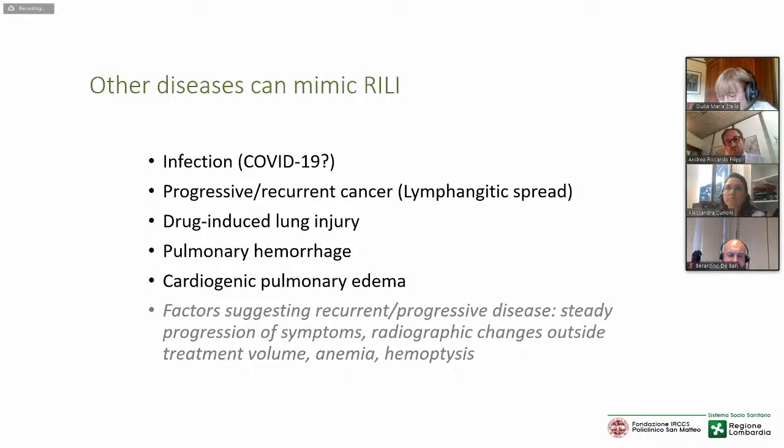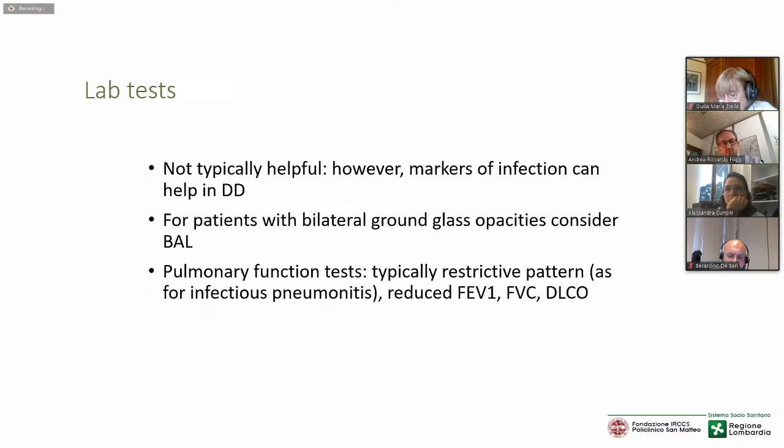Obviously, factors suggesting recurrent or progressive disease are sometimes easy to recognize when you have a progression of symptoms, radiographic changes outside the treatment volume, anemia, hemoptysis, or other symptoms, but it's not always true. So again, it is quite a difficult and multifactorial situation.